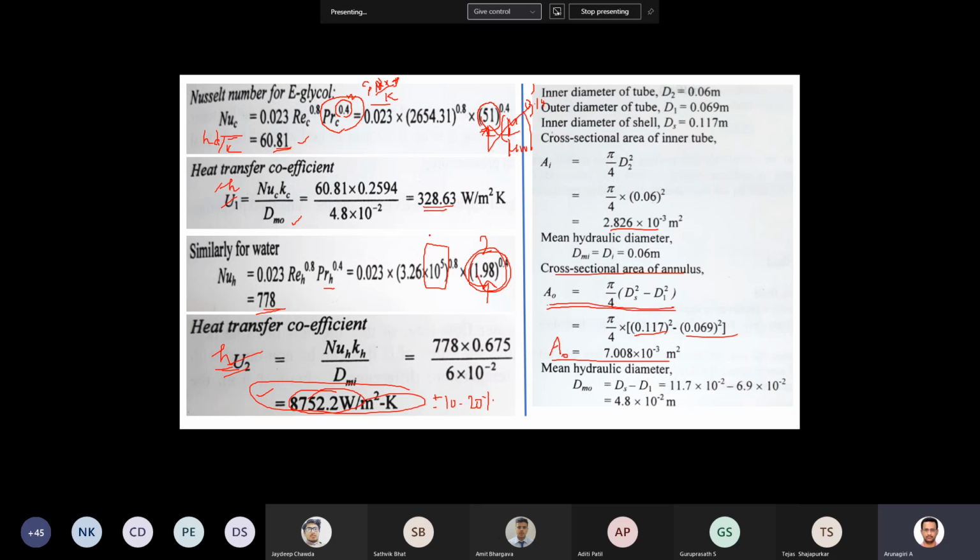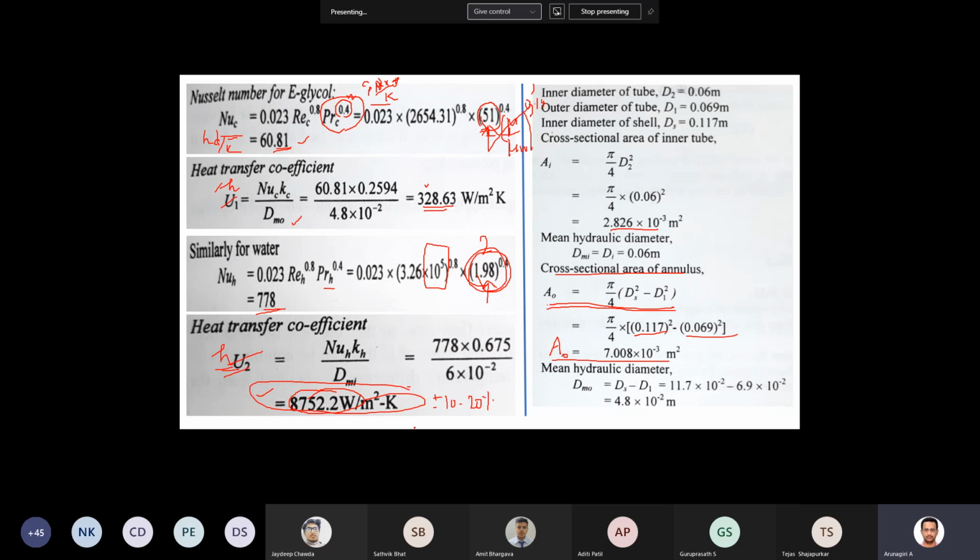And also you can see if you compare the heat transfer coefficient of ethylene glycol with water. Ethylene glycol you are getting at 330. Here you have 8750 divided by 330, so it's approximately 26 times higher than that.